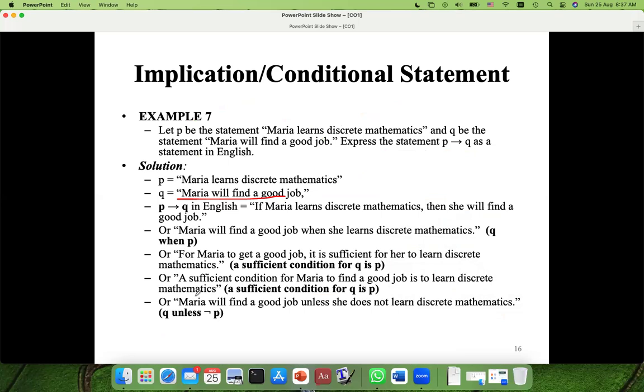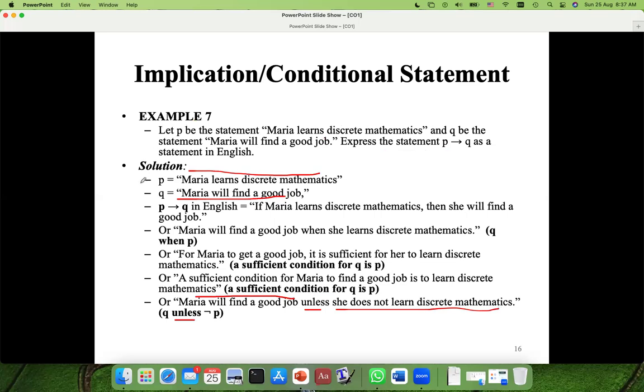So I am writing Maria will find a good job, and then the word unless. And then I have to use P, but negation P. So now I have to make the sentence negative. Maria does not learn discrete mathematics. So, unless she does not learn discrete mathematics. That is easy. So now it's up to you.